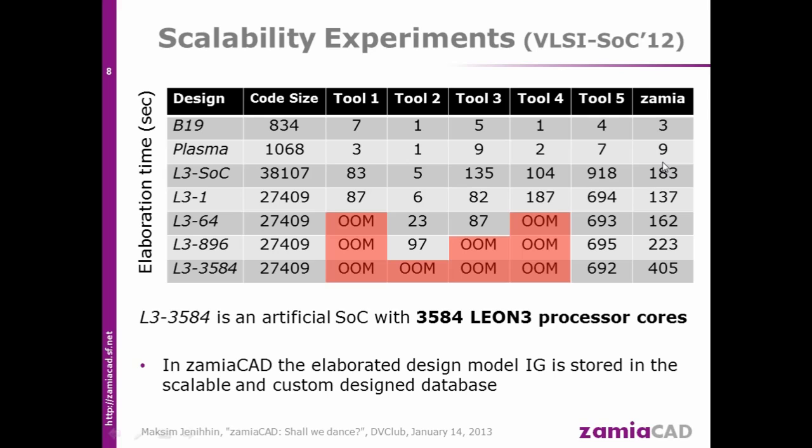Zamia makes use of hard disks to persist some data there. And then this zamiaCAD database is also very efficient for that kind of tasks. But then other commercial tools, they were actually failing. They were running out of RAM. Okay, but just to be clear, these are elaboration times in seconds. Yeah. Okay.